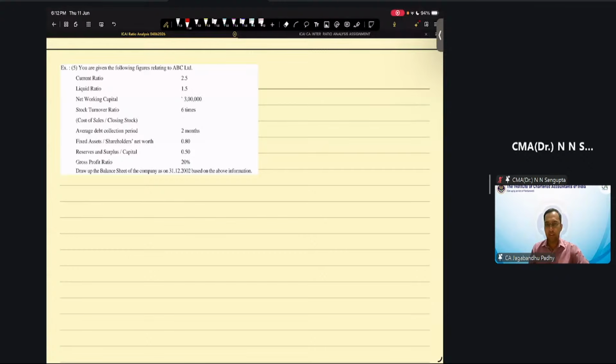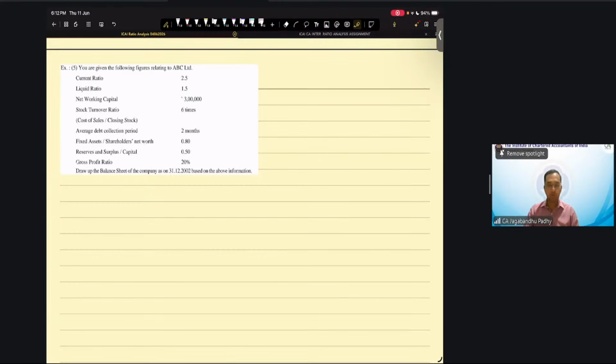So from the question, we can definitely make out what needs to be computed for the balance sheet. The current ratio is given, and the quick ratio is given, so definitely we can get the current assets.